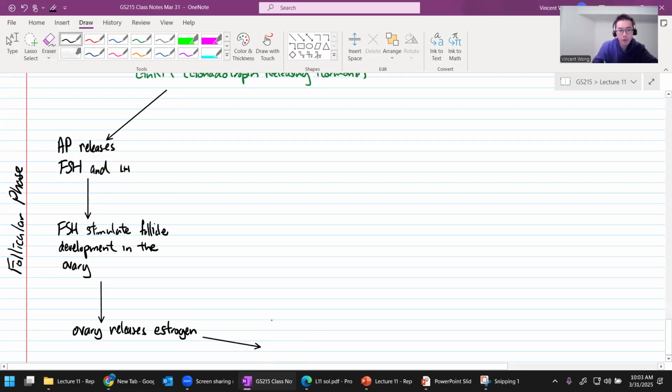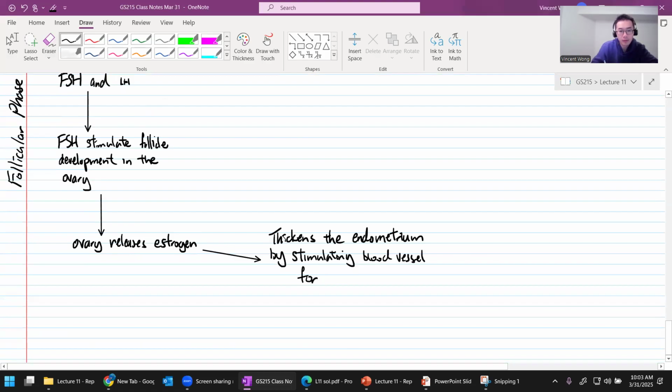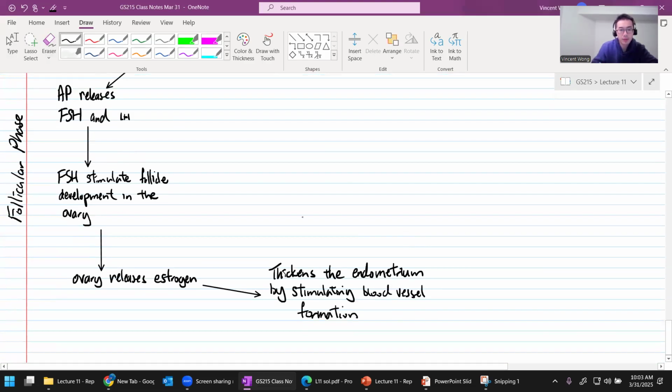Number one, it thickens the endometrium by stimulating blood vessel formation.